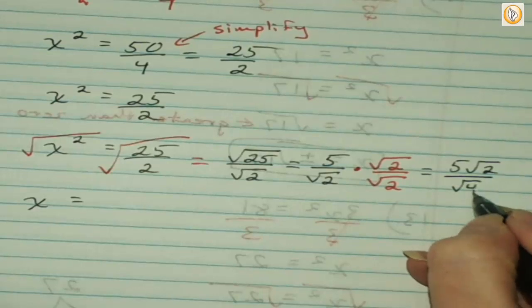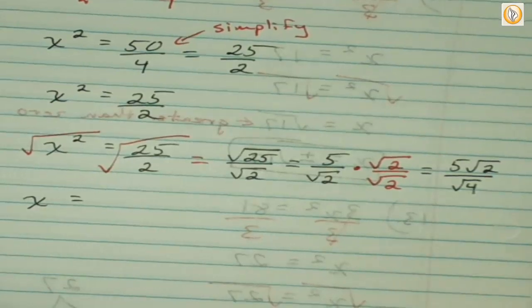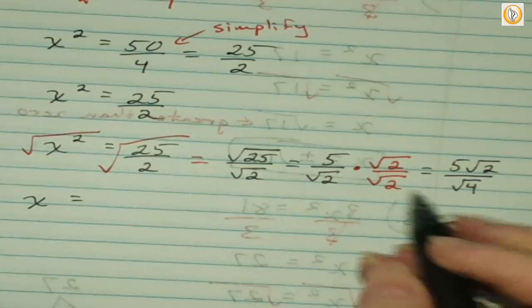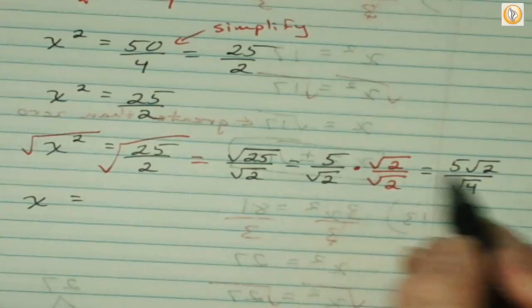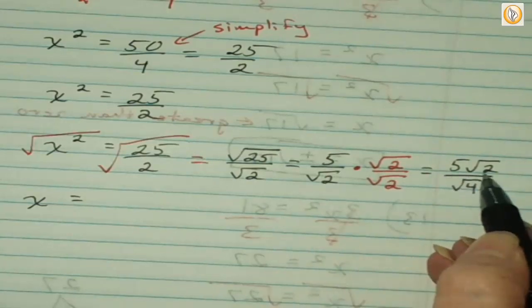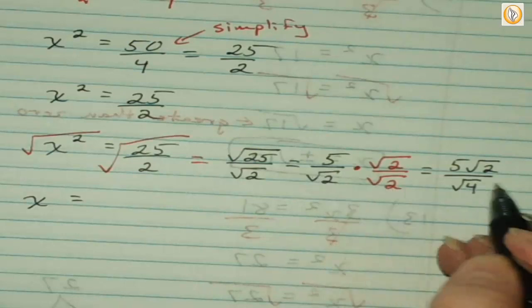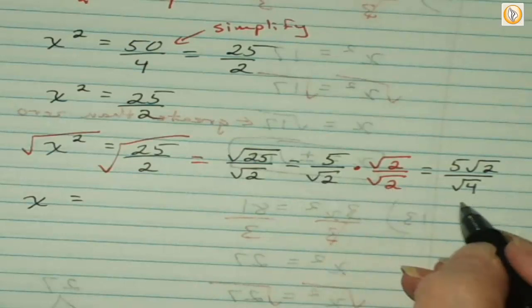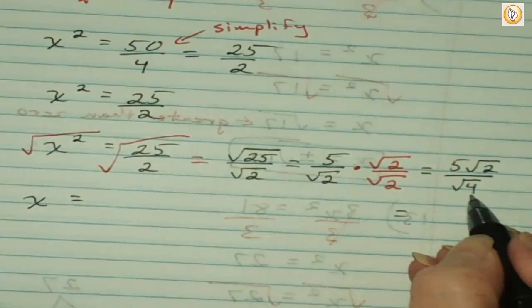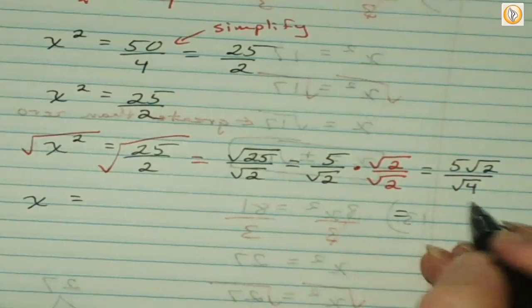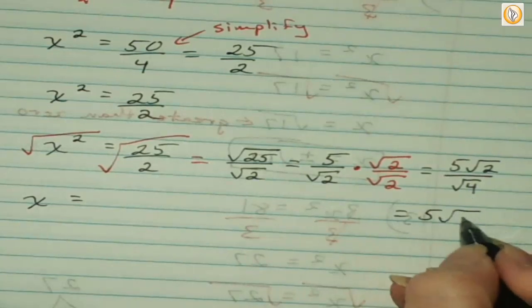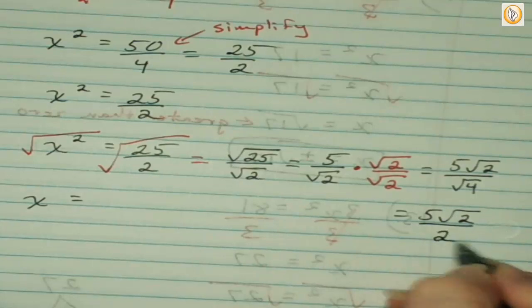The square root of 4. Because 5 times square root of 2 is 5 times square root of 2. Square root of 2 times square root of 2 is square root of 4. And square root of 4 is 2, so I have 5 times square root of 2 over 2.